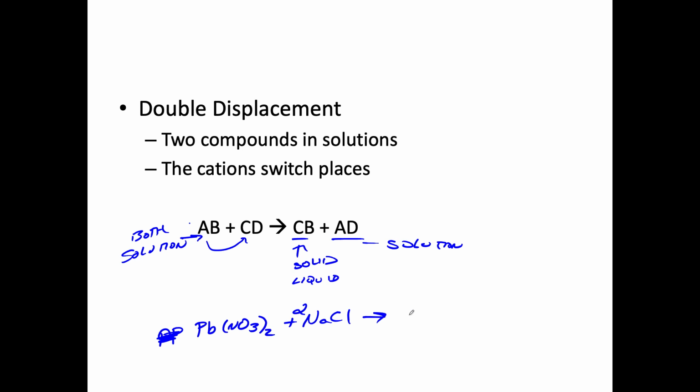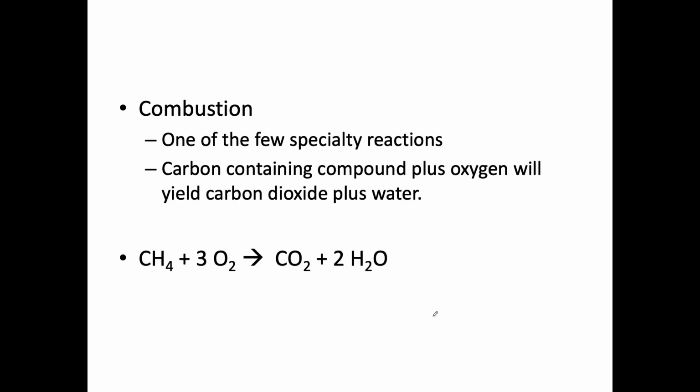What happens is that we get lead chloride falling out of solution. Sometimes you see an arrow, plus 2 NaNO3. I've got to make sure I get everything right. Remember, this breaks apart in solution. They come apart, and the sodium bonds with just 1 NO3, so this is why we need 2. This is what we call double displacement: 2 compounds in solution, and the cations switch places.